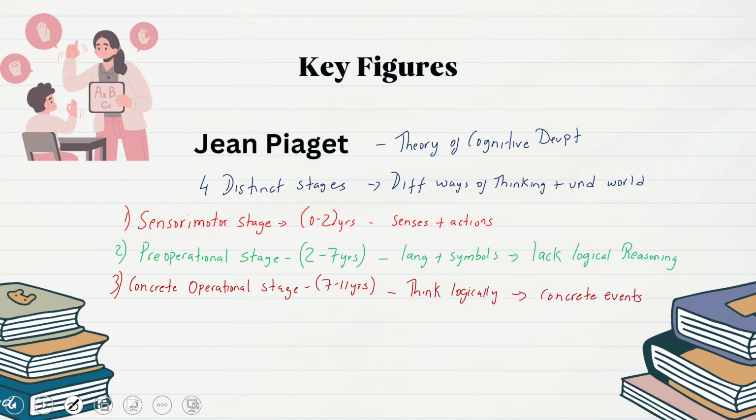And then you have the formal operational stage, that is from 12 and beyond. And here we see that adolescents now develop abstract reasoning, as well as hypothetical thinking.